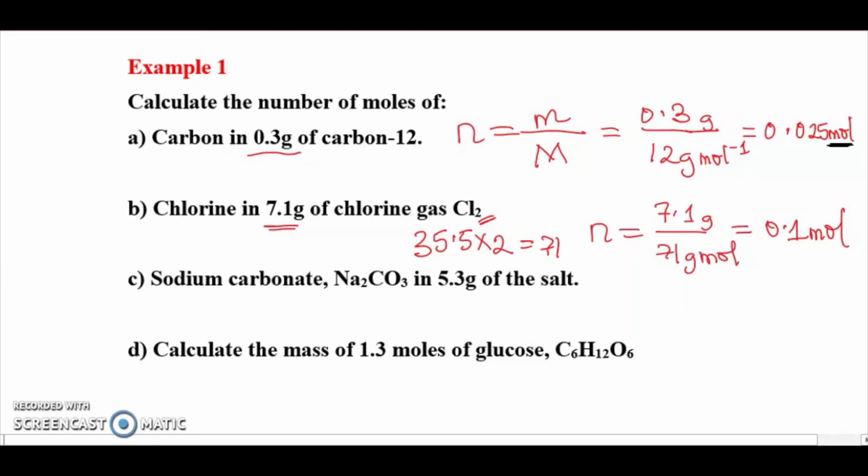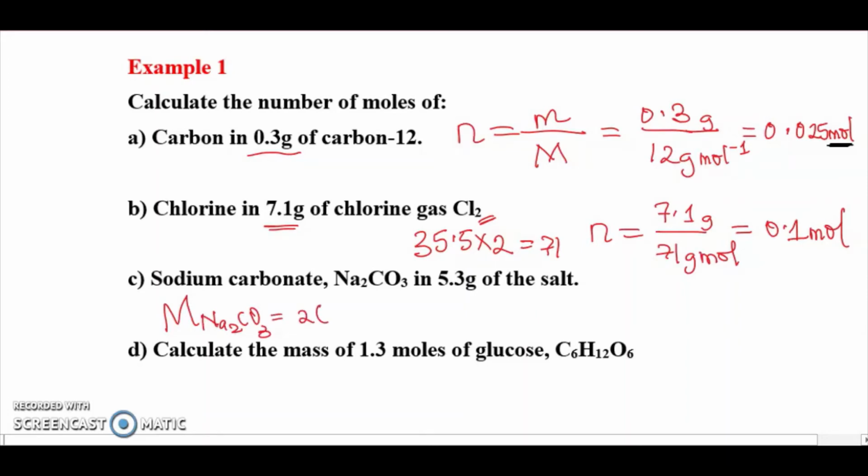So if we calculate the relative formula mass of sodium carbonate, we have this. So over here we have the molar mass of sodium carbonate.